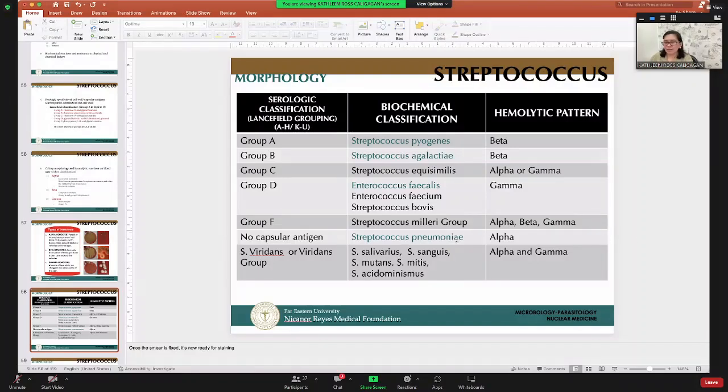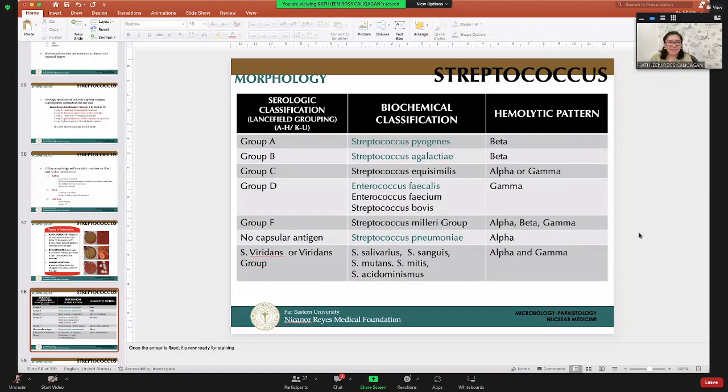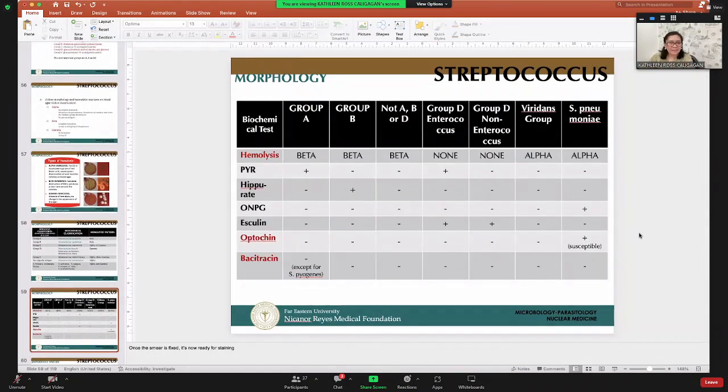With alpha hemolysis, you have Streptococcus pneumoniae. The viridans group streptococci may show alpha and gamma hemolysis. So you see there, they're differentiated by hemolysis. Alam nyo na yan.